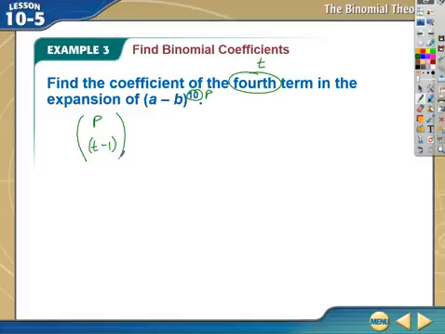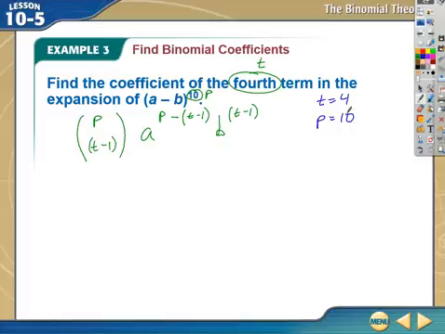Next part is I'm going to take my a, and this can be raised to the power p minus t minus 1, times b raised to the power of t minus 1. So from here I just plug in and do what I know. I know that t in this one is equal to 4. I know that p in this one is equal to 10.